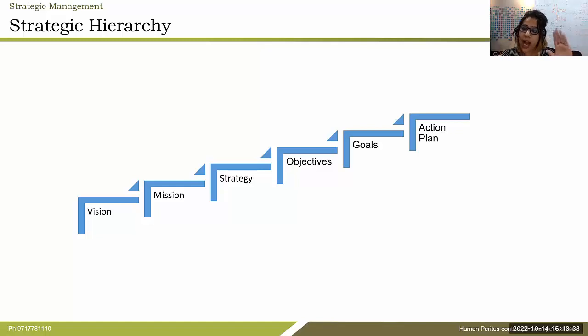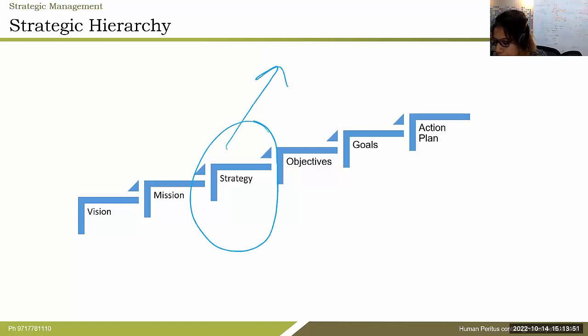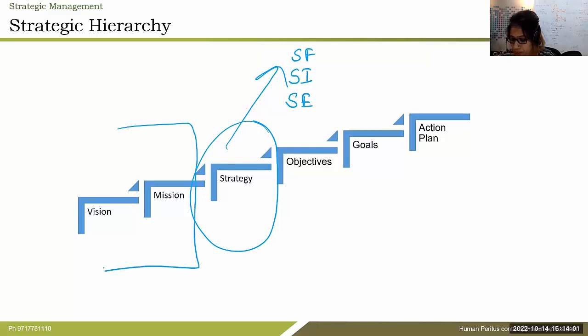Initially we have a vision, then we go to mission. This mission will lead to strategy. This strategy part will be all about our strategy formulation, strategy implementation, and strategy evaluation. Vision and mission, I told you, is strategic intent.